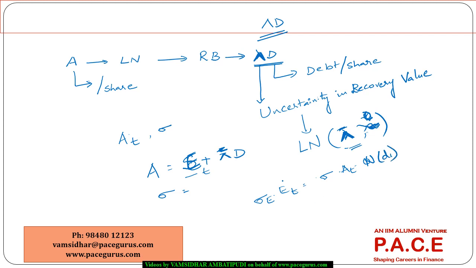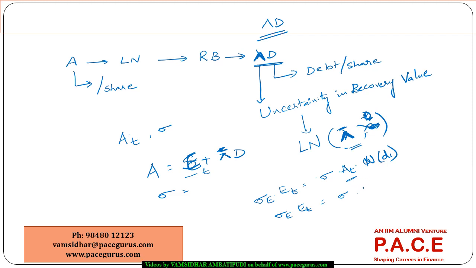This is what we had. Now here also I can say sigma E times the value of equity is nothing but the volatility of the asset multiplied by the value of the asset.